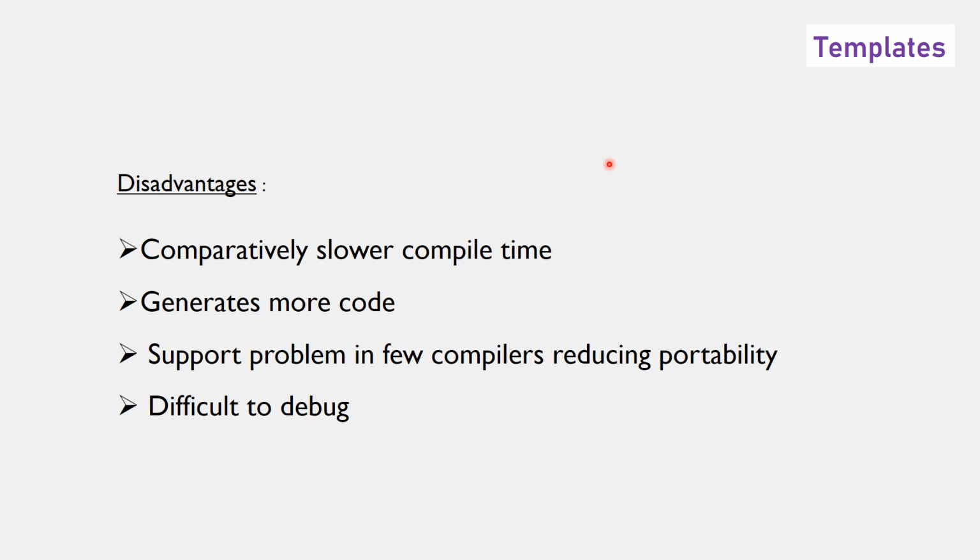It actually generates more code because for the same template, if you call the same function using three different data types, the compiler will generate three sets of code according to your function calls. So that's why it takes a bit more time as compared to the simple functions.